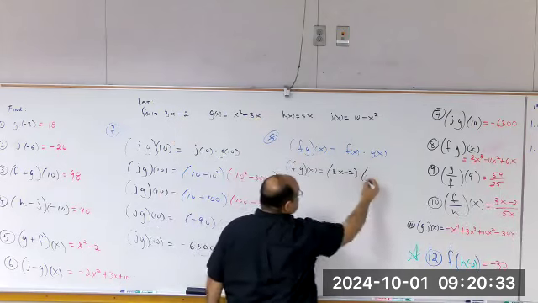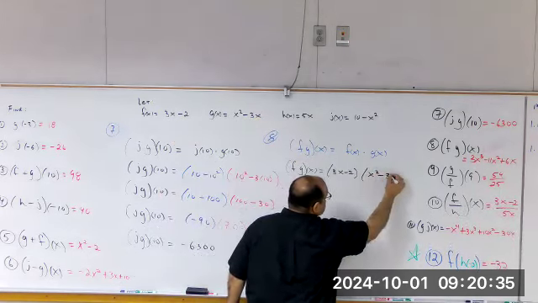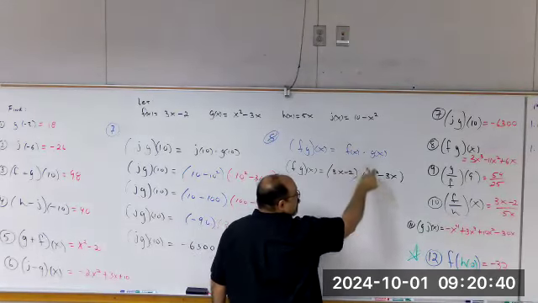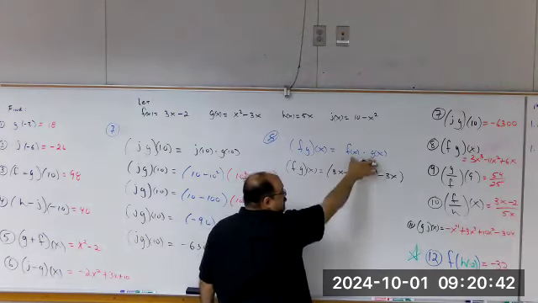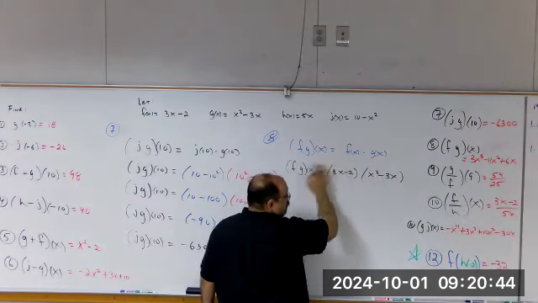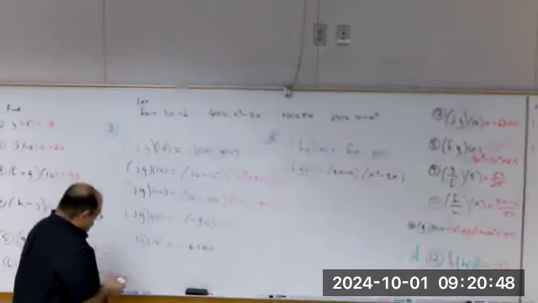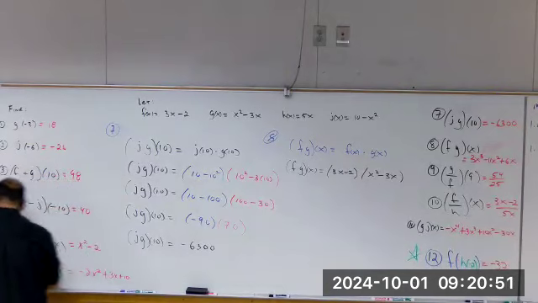Times x squared minus 3x. This is f of x, that's g of x. I'm writing it right underneath it so I see my substitution. And when we multiply that together, we're going to distribute.